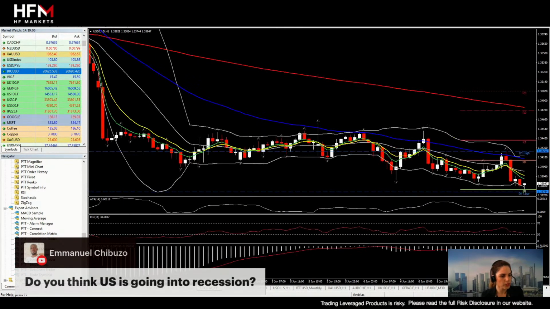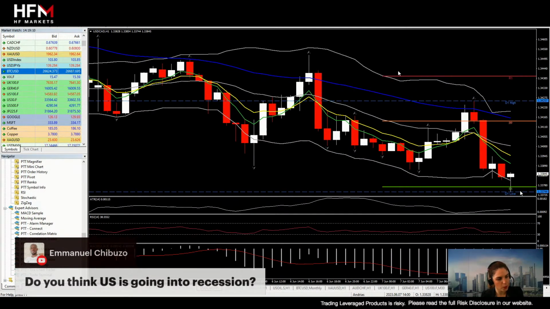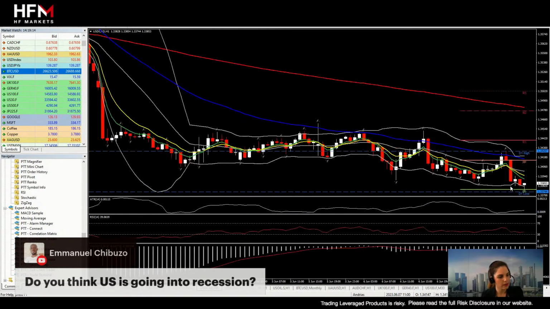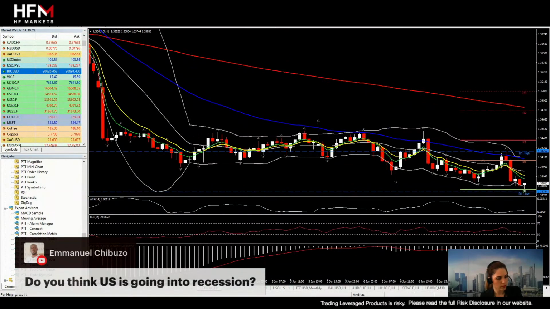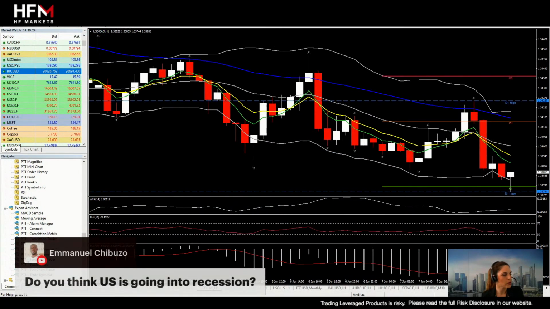You see, initially it jumped to the pivot point, then a nice pullback, a correction to the first support of the day. If I zoom in, as you can see, it keeps posting lower highs and lower lows. So it remains under pressure.